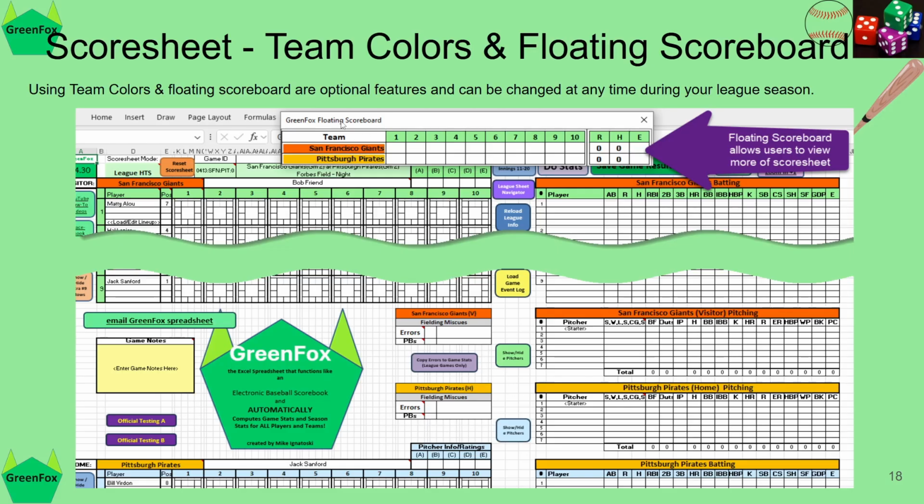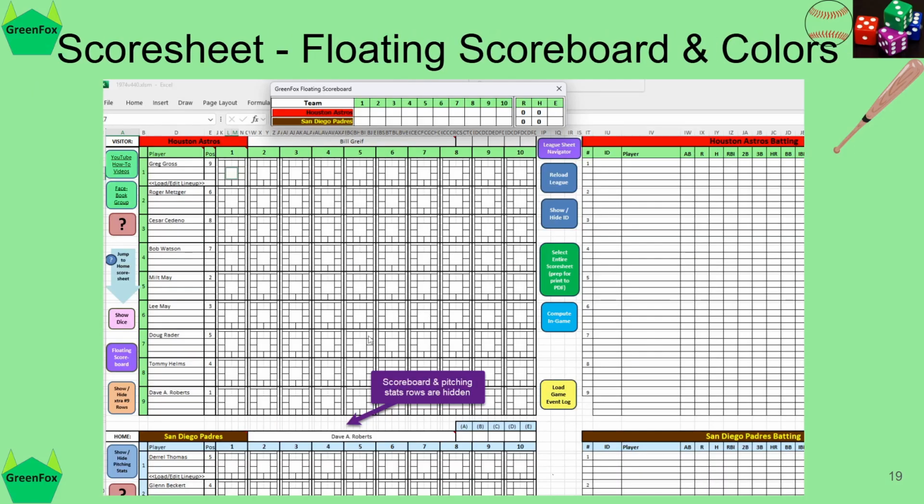This up here is an example of the floating scoreboard, and I think that has even more functionality, because when you use the floating scoreboard, it hides the scoreboard on your score sheet. Here's an example of that, where because I have this floating scoreboard, the scoreboard that's typically between the home and visitor score sheets is hidden.